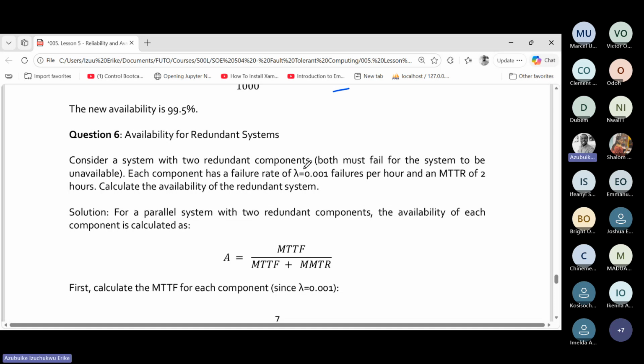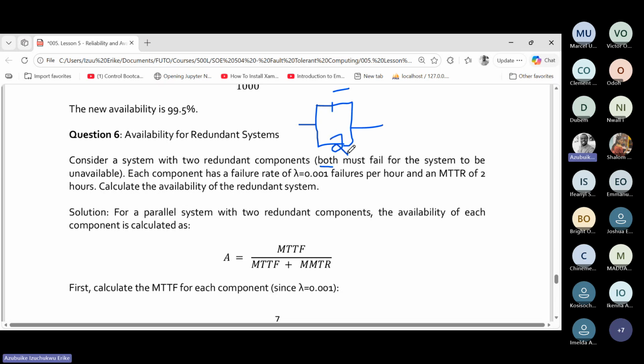Now, if the system says that both must fail for the system to be unavailable, it means that those components are actually connected in parallel. Okay? So we have component 1 here, and component 2 here.